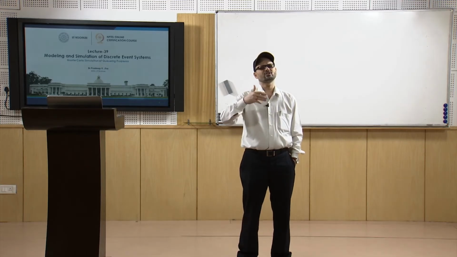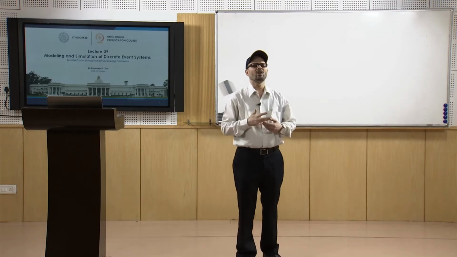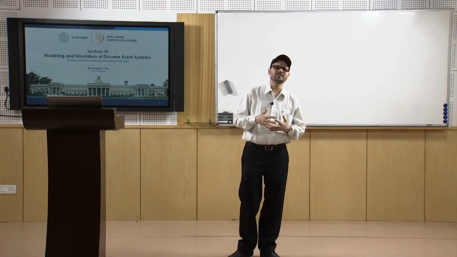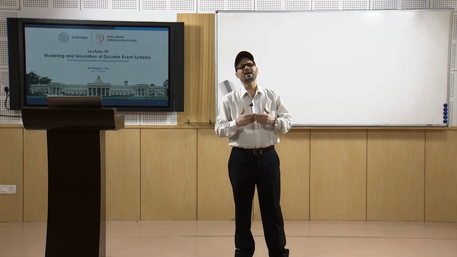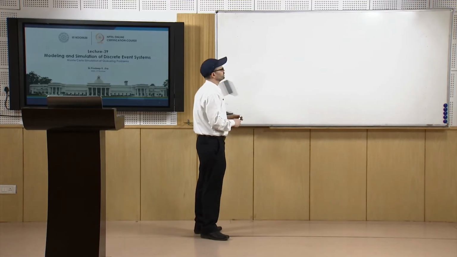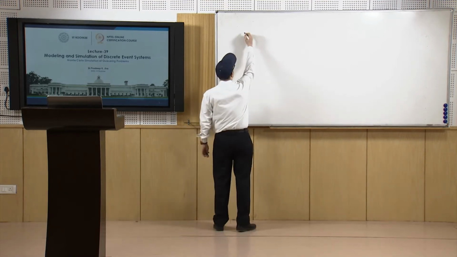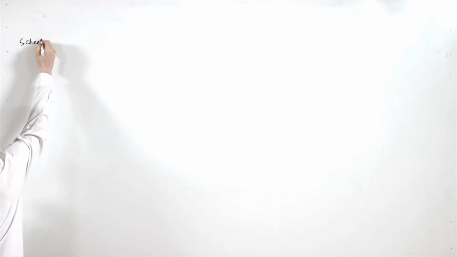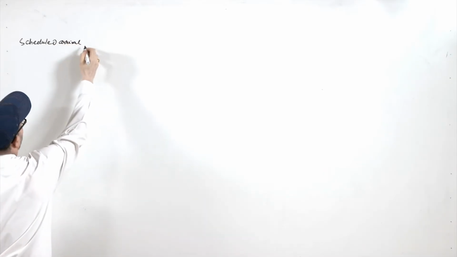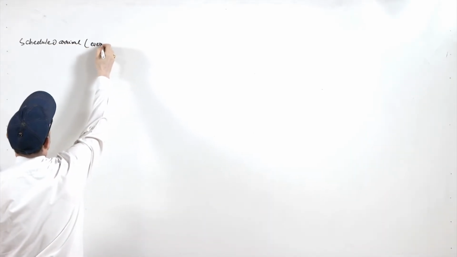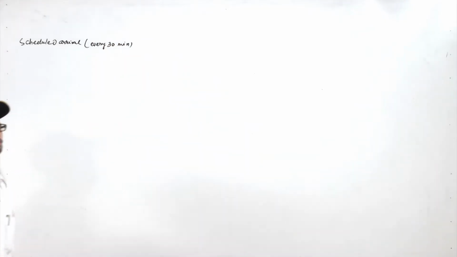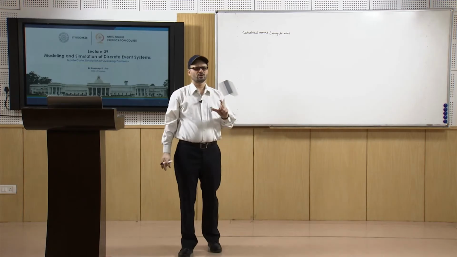They come at the scheduled arrival time, although arrival time may also be random, but in this case we assume the arrival occurs at a scheduled time. Every 30 minutes one customer is coming. So, this is the case of queuing.